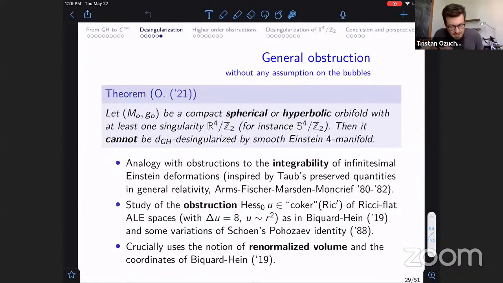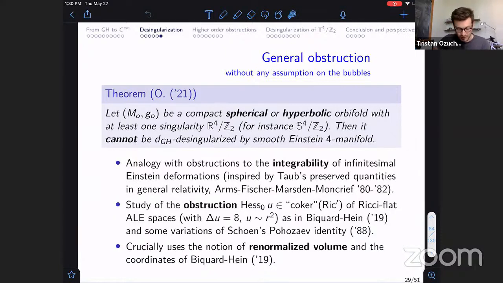Now let me mention the new result of this week, which is that it's actually not only an obstruction when you have gravitational instantons, but without any assumption on the bubbles, you also have an obstruction. So it's impossible to desingularize S^4 mod Z_2 by smooth Einstein metrics. And all of this relies on an analogy with the obstruction to integrability for infinitesimal Einstein deformations.